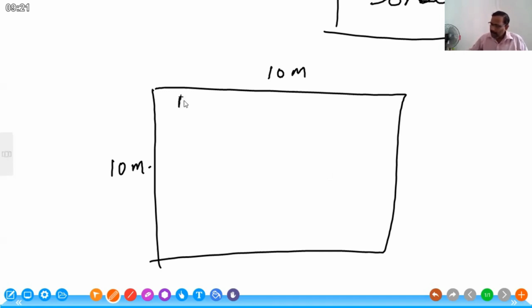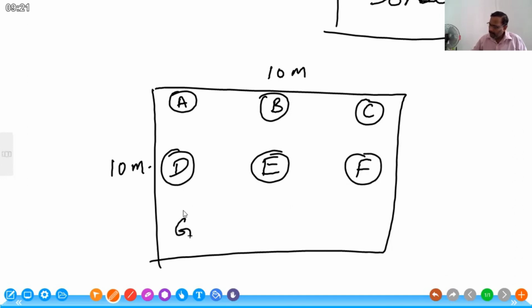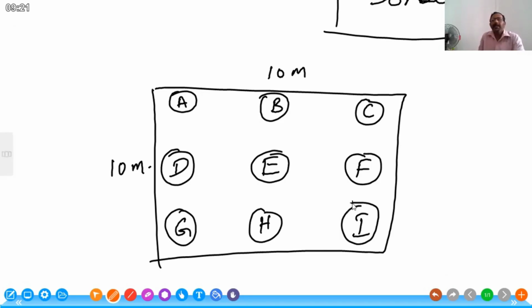So here I mark some areas, let's say A, B, C, D, E, F, G, H, I. I have marked some areas.